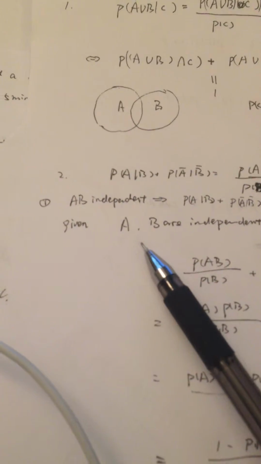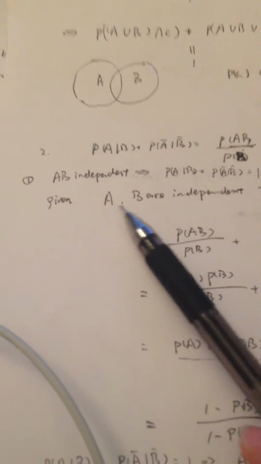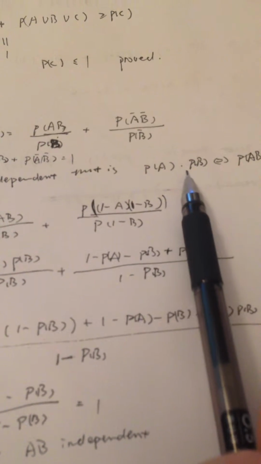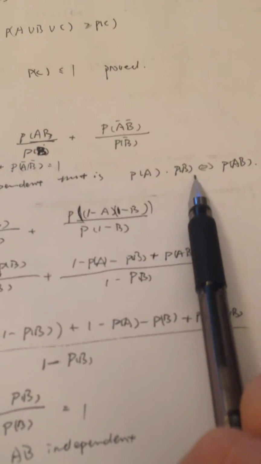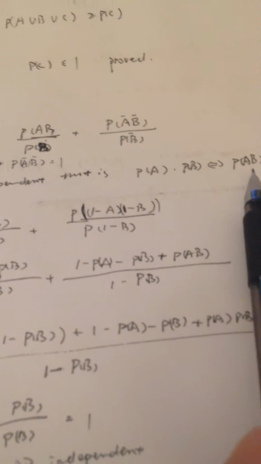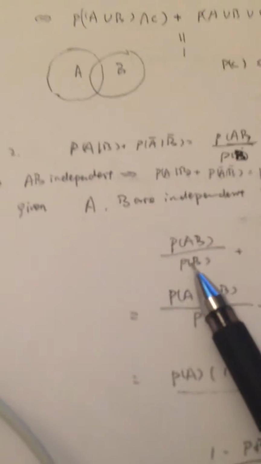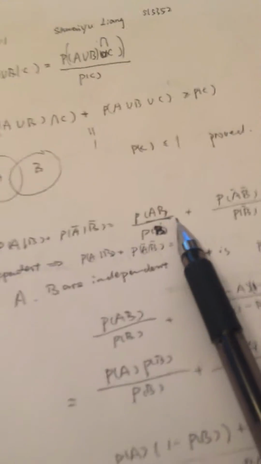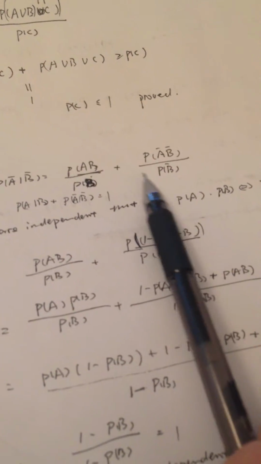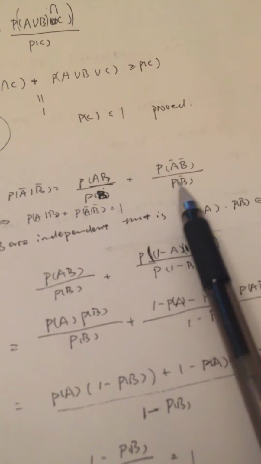So first, if we're given the condition that A and B are independent, that is, the probability of A times the probability of B equals the probability of A and B. If we want to prove this, we had better write each part more specifically.